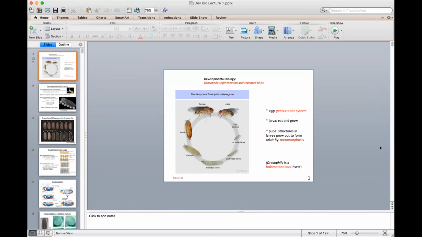It was easier to work with, easier to grow, cheap, and all of that. But for embryologists, it wasn't a model system that they would be intending on exploring till the advent of molecular biology.